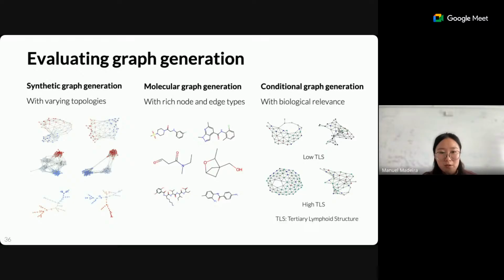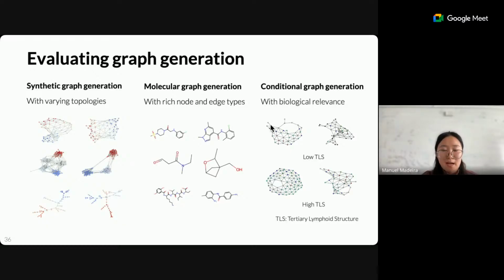Second, we consider molecular graph generation, and in molecular graphs, we have richer nodes and edges to represent different types of atoms and valence bonds.